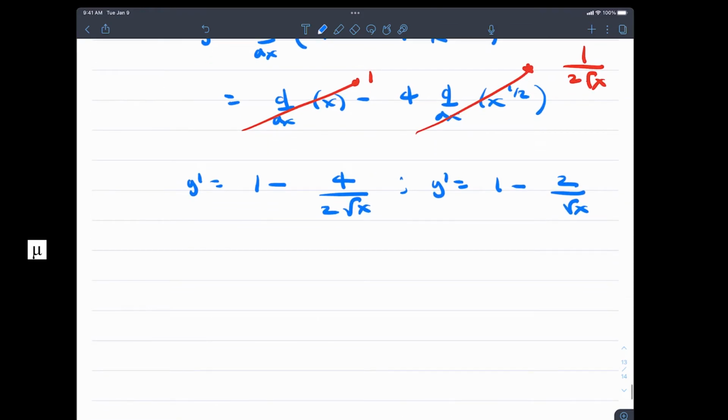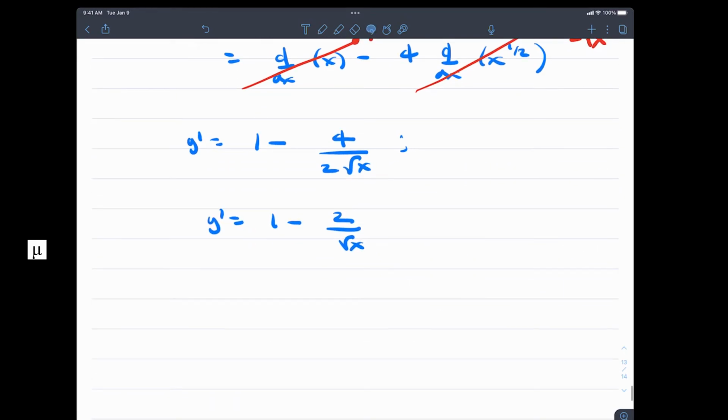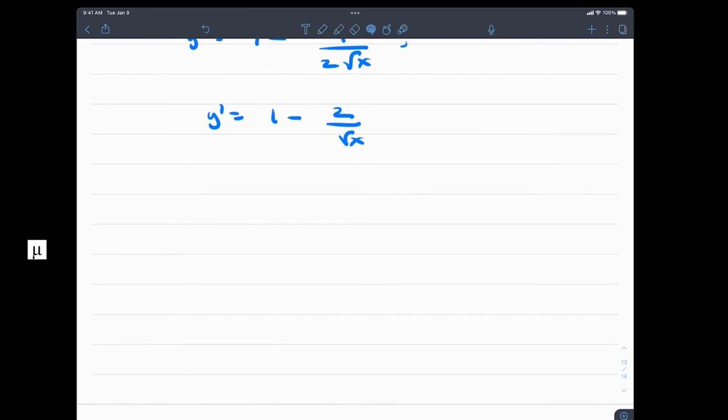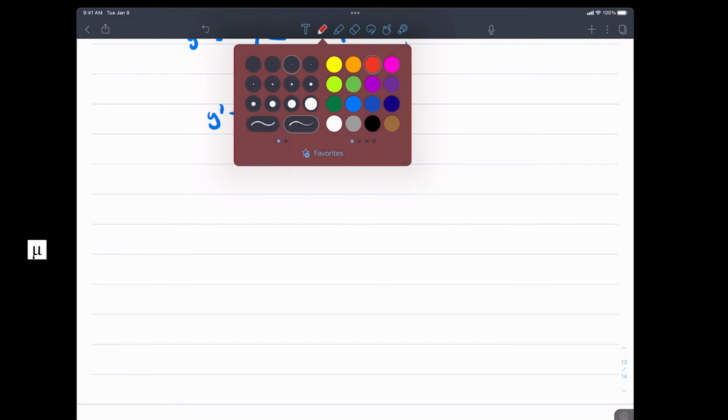Now, here's what I want to remark about this. You might say, what do I do here now, right? Because remember, when we set this equal to 0 to solve, we have to subtract. And what do you guys notice when you subtract a whole number with a fraction, right?